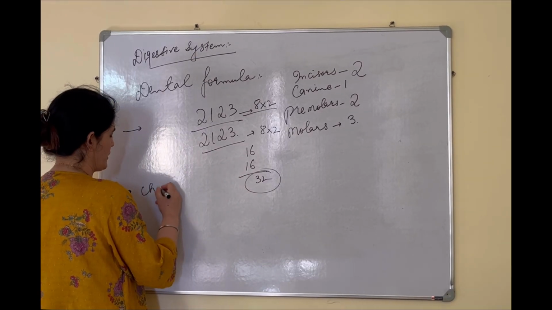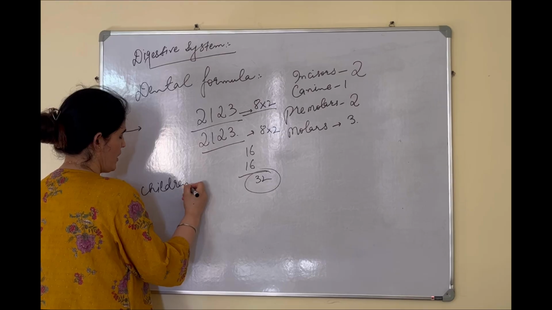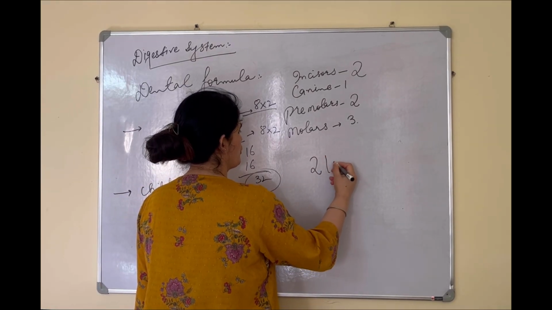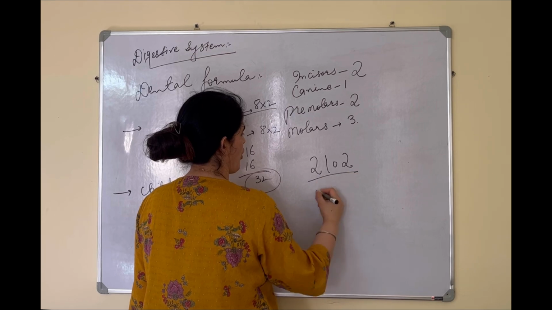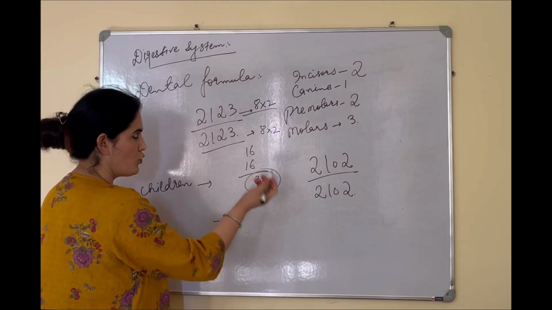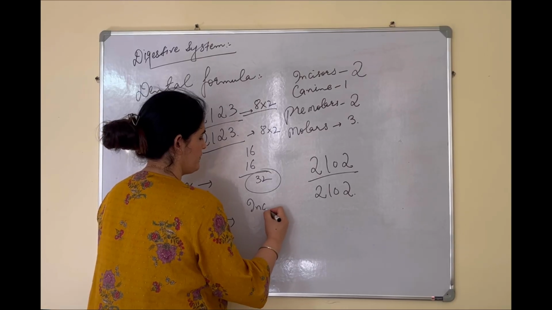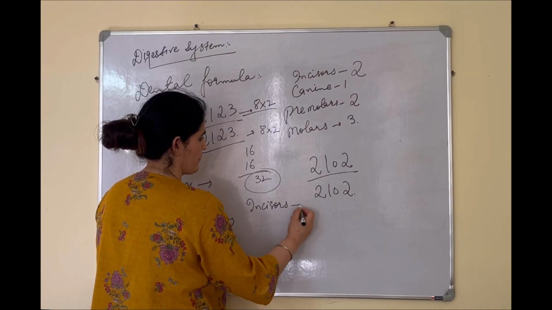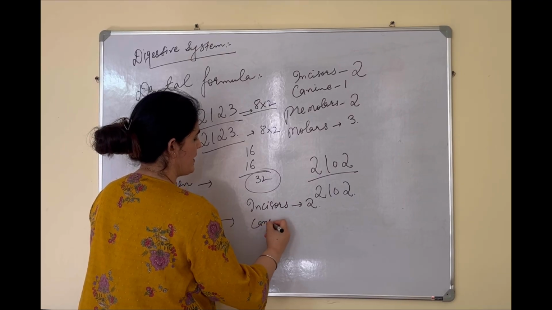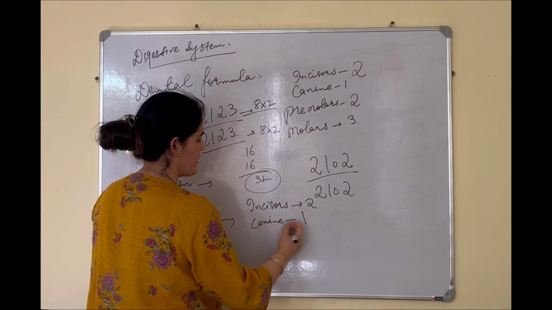And for children, the dental formula is basically 2102 upon 2102. Okay, what is this? Incisors we have two pairs, and canine we have one pair.